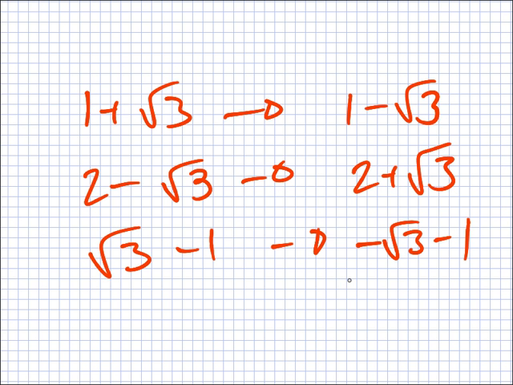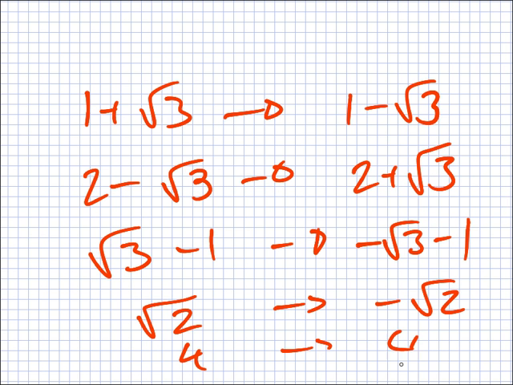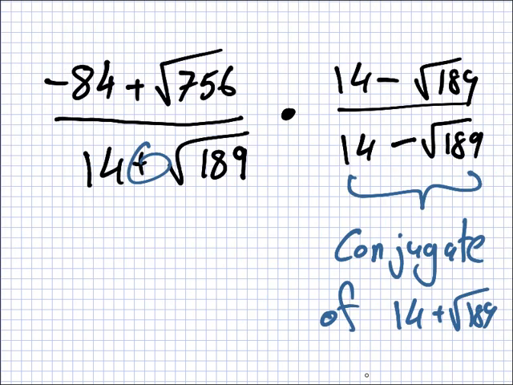Remember I said to change the sign on the root. Conjugate of root 2? Minus root 2. And conjugate of 4? 4. You got it now? So, we multiply the top and bottom by the conjugate.